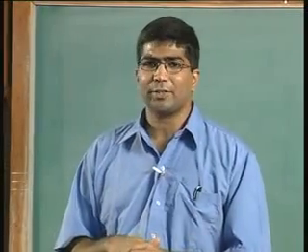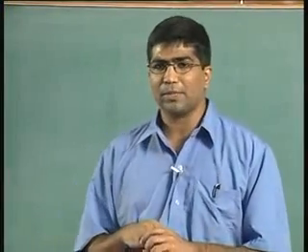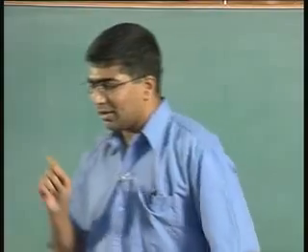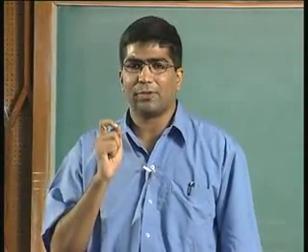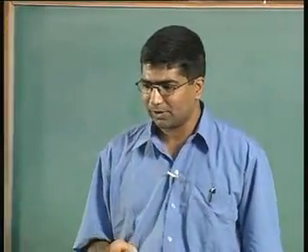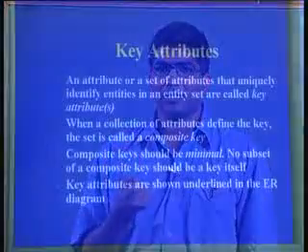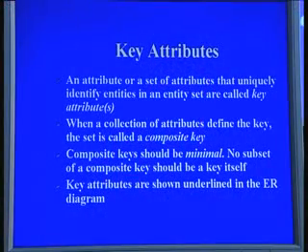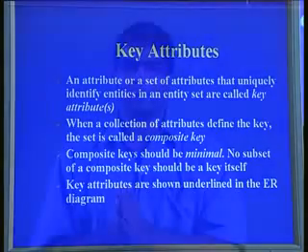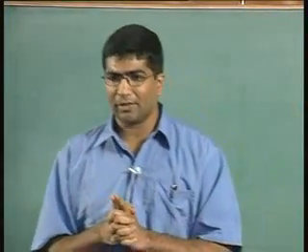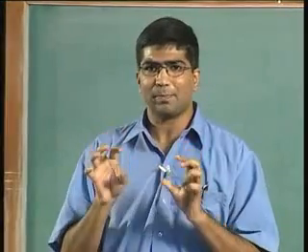Now a composite key should be minimal. What does it mean to say a composite key is minimal? Let me first give you the definition, and then we can see an example. No subset of a composite key should be a key itself. For example, let me take the attributes department ID and department name. Is it a key attribute? Of course it's a key attribute, because department number 10 supplies uniquely identifies one particular department. However, the second attribute here, the name supplies, is redundant.